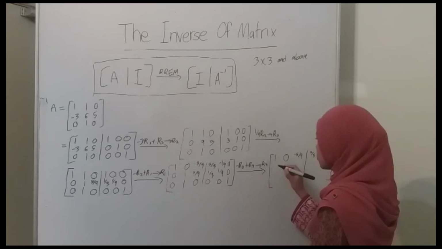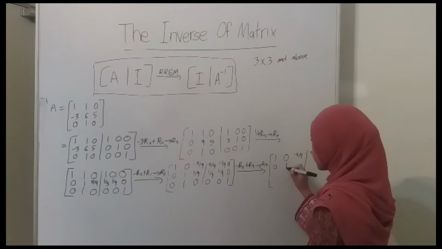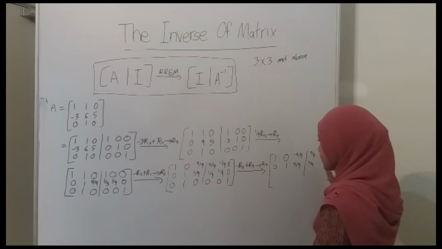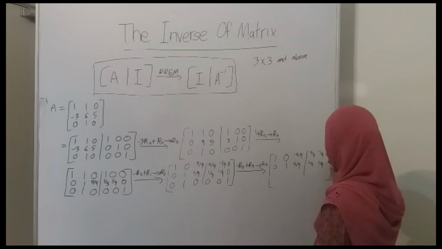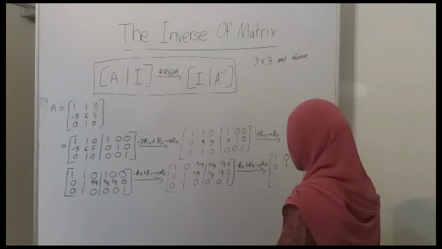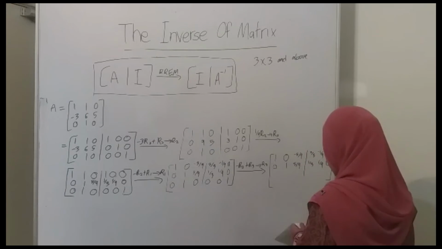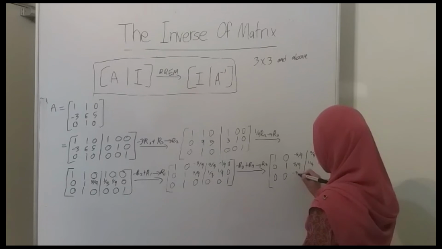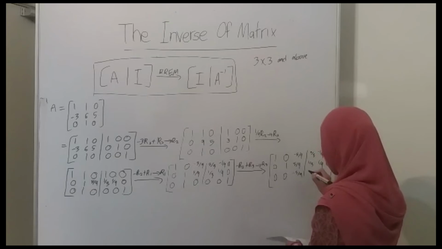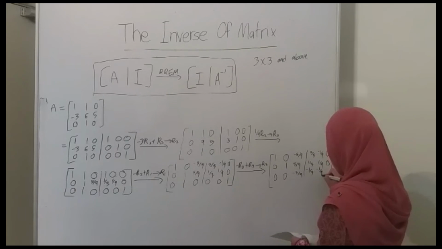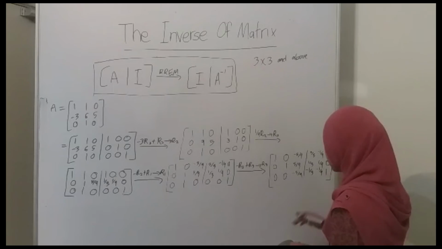And then the second row will be the same, 0 1 5 over 9, 1 over 3, 1 over 9, and 0. So the third row will be 0 0 negative 5 over 9, and then negative 1 over 3, negative 1 over 9, and then 1.